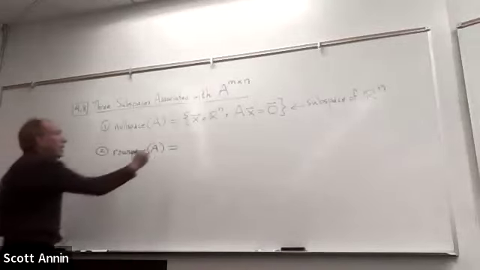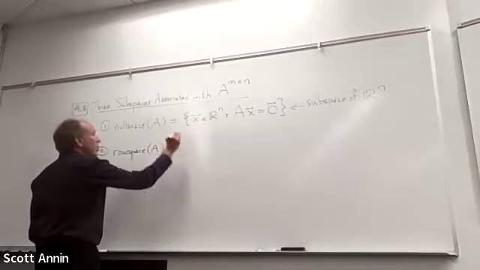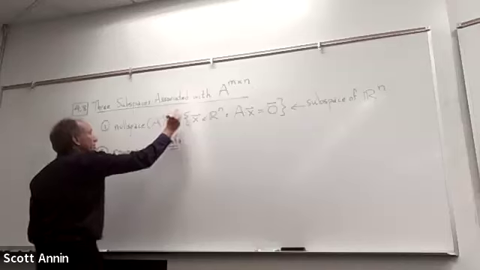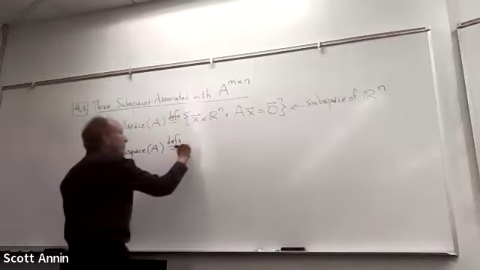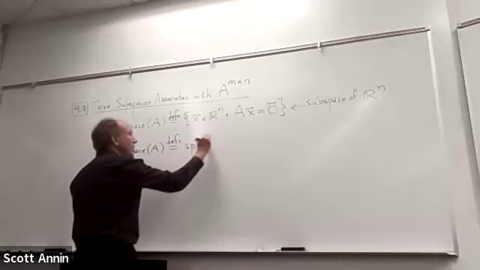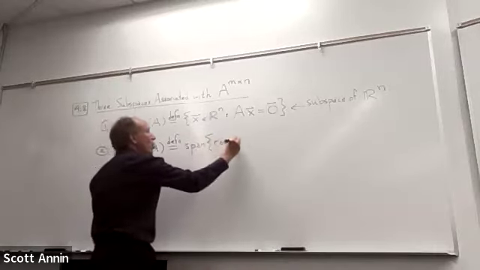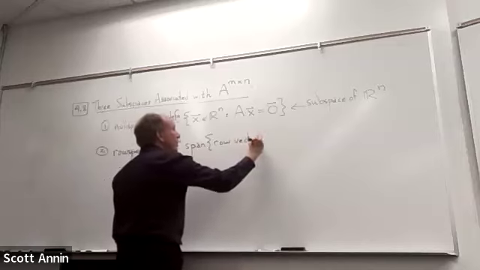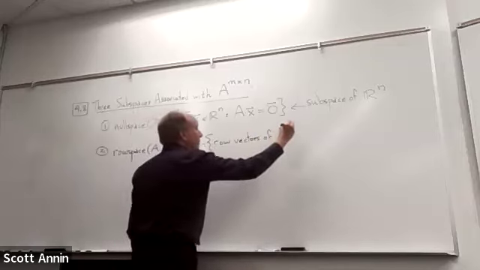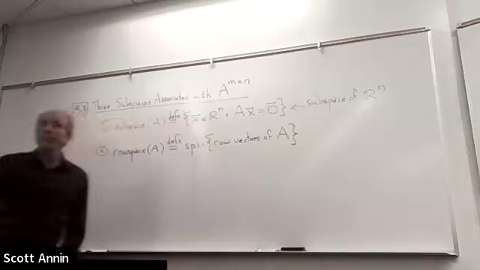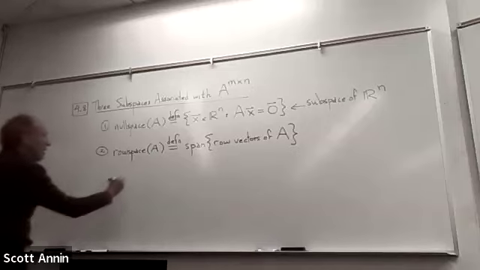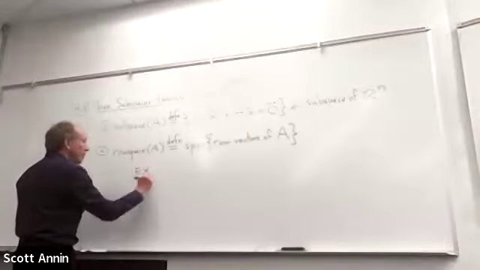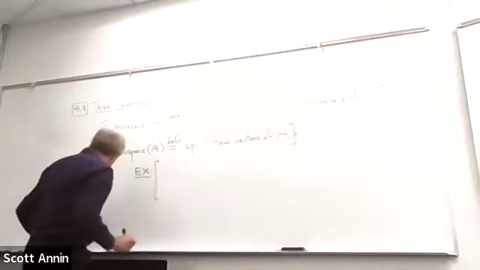The row space of A, by definition, actually all of these are definitions, is simply the span of the row vectors of the matrix A itself. In a minute, I'm going to come back to the example we had up here before.